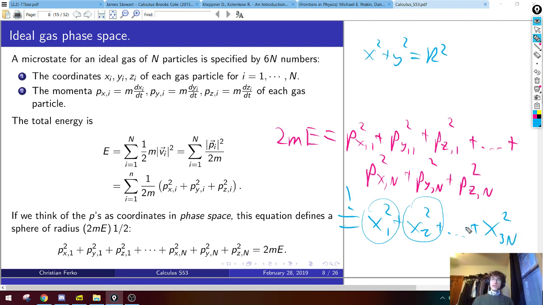This is now a 3n dimensional sphere, x1 squared plus x2 squared up to x3n squared equals r squared, where r squared is 2mE. So this is telling us that the phase space geometry of an ideal gas with a fixed energy is just a sphere in 3n dimensions whose radius, well, this is r squared, so I should take the square root, is root 2mE.